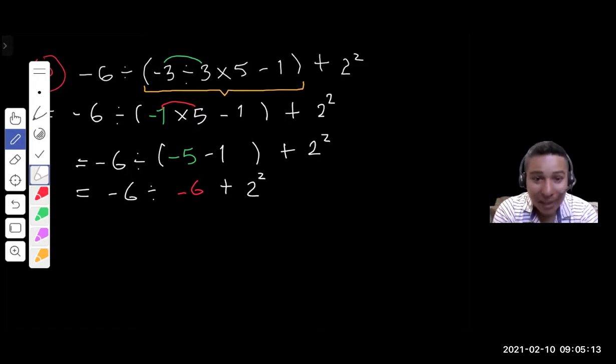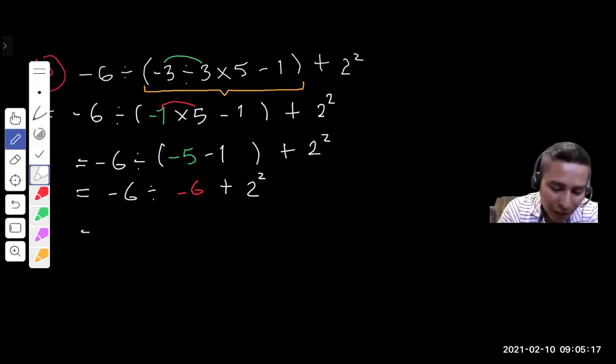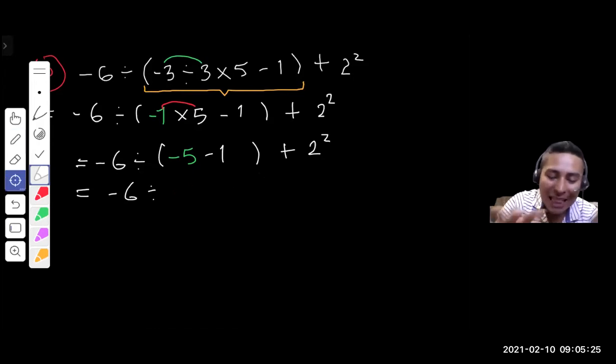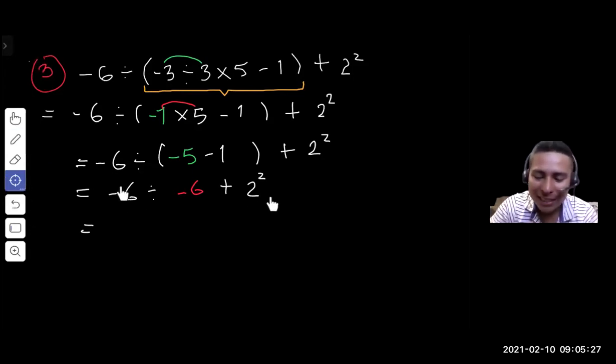Now, guys, take a look, this looks simpler. So what do I have to solve now, guys? Do we have parentheses? No. Do we have a division and an exponent? In this case, we can work with them simultaneously because they are different, they don't have anything in common. Let's solve this one. -6 divided by -6.